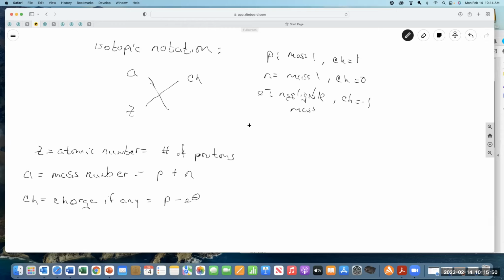All right, now, one other thing. An atom has no net charge. So what can you tell me in an atom about some of the subatomic particles?